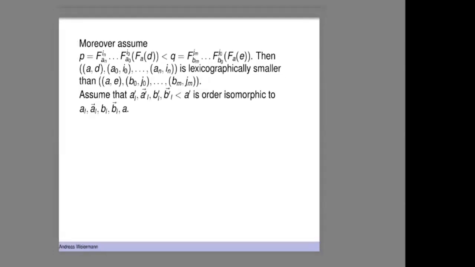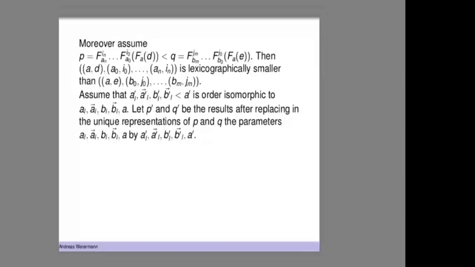Now assume that I have a sequence of parameters AL and BL smaller than A prime, which is order isomorphic to AL, BL, and A. Now let P prime and Q prime be the results after replacing in the unique representations of P and Q the parameters AL, BL by AL prime, BL prime.